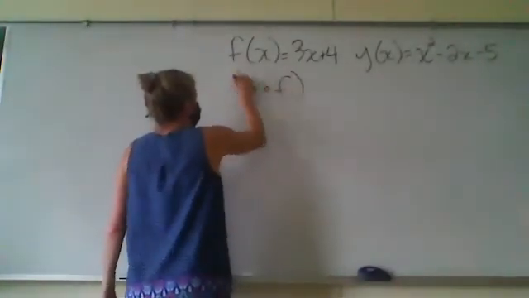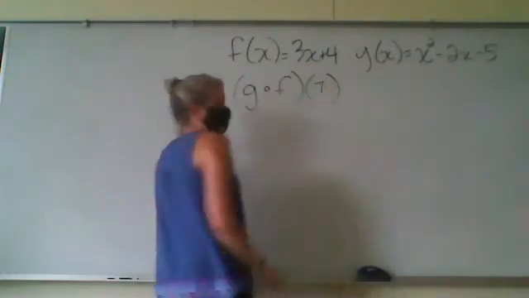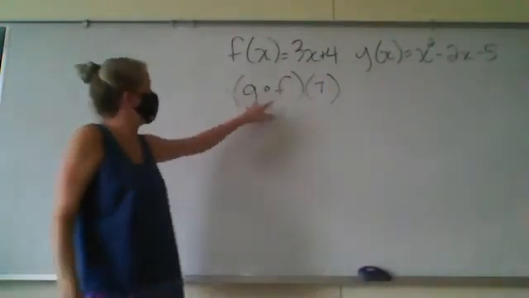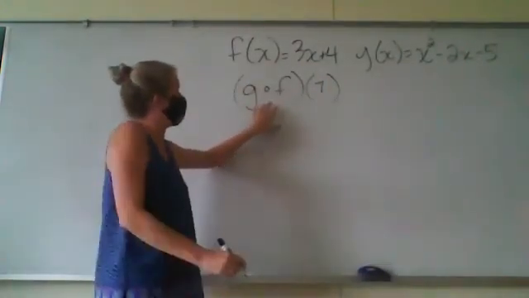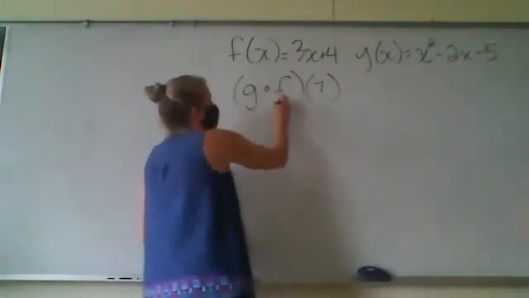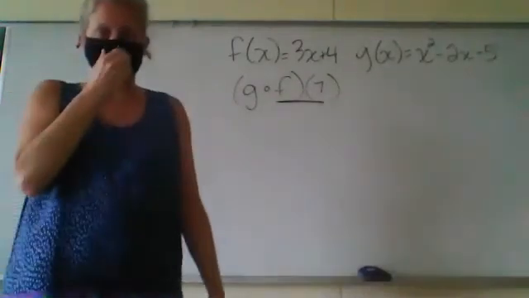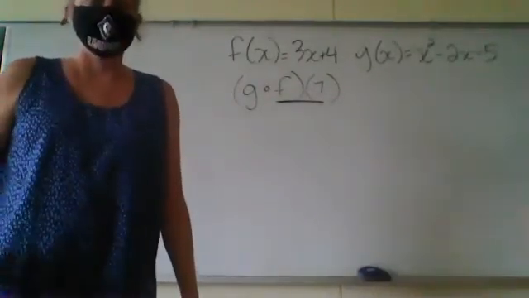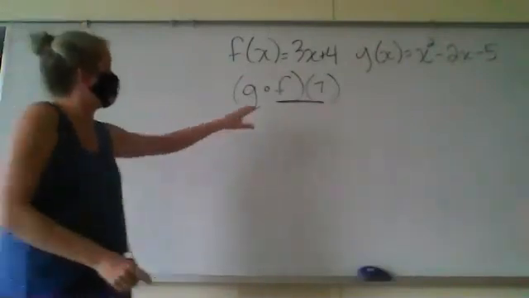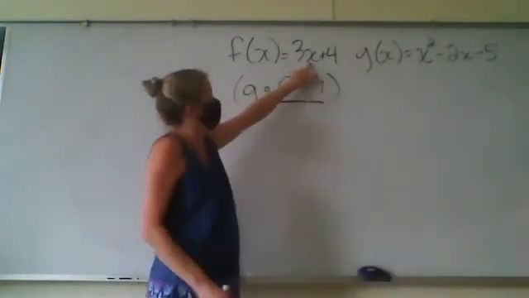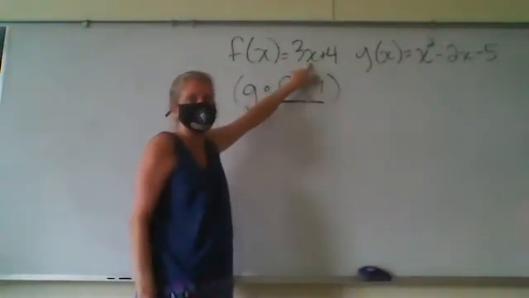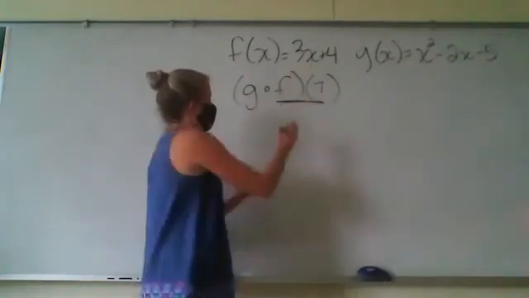So look how they flip-flop the G and F. It's important, your first step, it doesn't matter where the G and F are, you're finding whatever is lined up right there, the inside of that function. So this time I'm actually going to go to the F function, replace its X with a 7, right? F of 7 is what I'm finding.